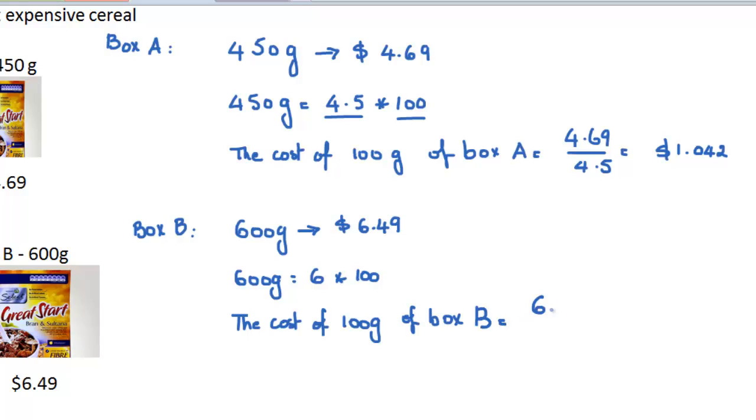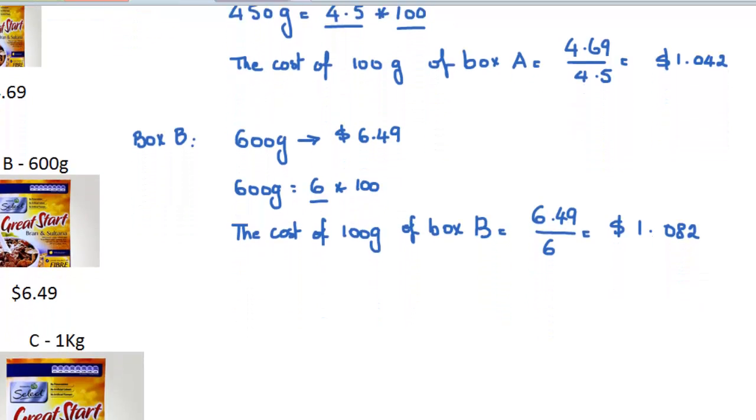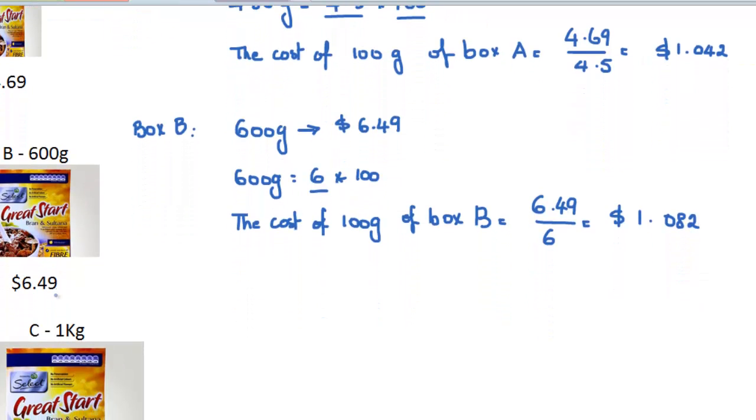I take the price, which is $6.49, and I divide it by 6. In this case, I will get the price of the 100 gram in the case of box B, which is $1.082. And I would say, okay, let's go to the last one, box C.